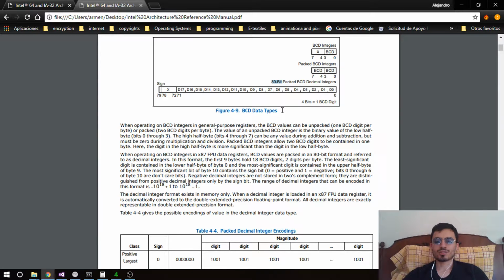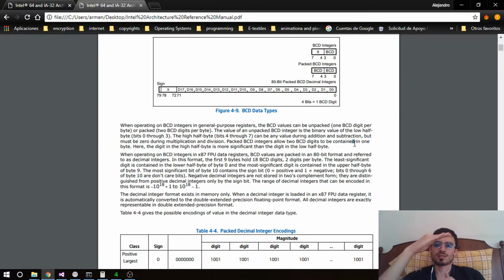And yeah, the reason that they can be any value during addition is because the bits are not affected on addition or subtraction, because addition respects the linear spacing of each bit, whereas if you do multiplication it crosses and rearranges bits and they modify the values across.